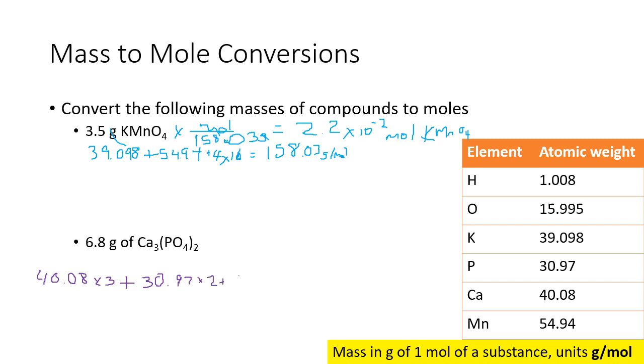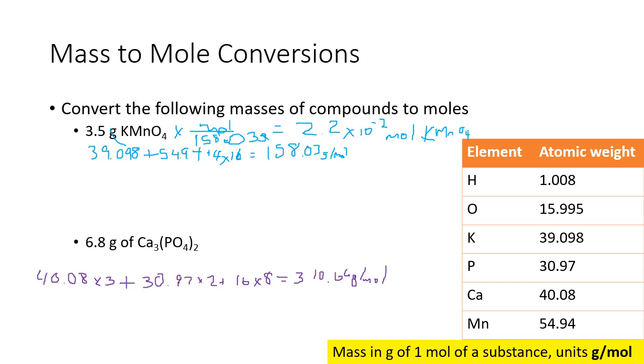And then we'll have 16 for our oxygen, and there's 8 of them. So if we add them all together, we get 310.66 grams per mole.